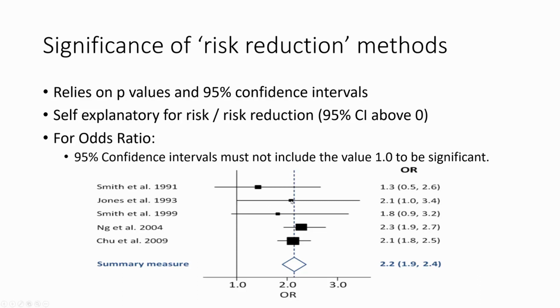And same with Smith et al. Again, he must have tried again to get some statistically significant result, but he didn't quite achieve it either, because the 95% confidence intervals at the lower end still crossed 1. Whereas these other two studies were significant in that their 95% confidence intervals were nowhere near 1.